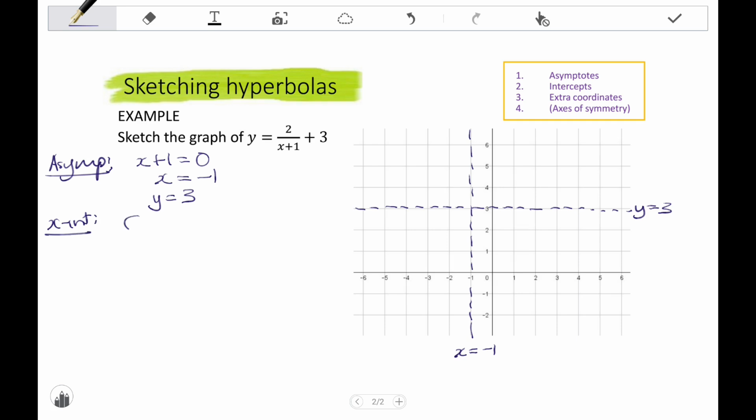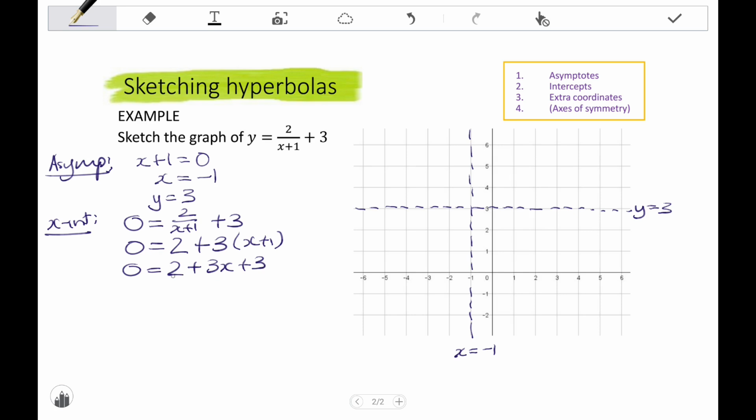So letting y equal 0, I have 0 equals 2 over x plus 1 plus 3, multiply by the denominator. So I have 0 times x plus 1 is 0. Multiplying by the denominator cancels the denominator, plus 3 times the denominator x plus 1. So simplifying this, I have plus 3x plus 3.